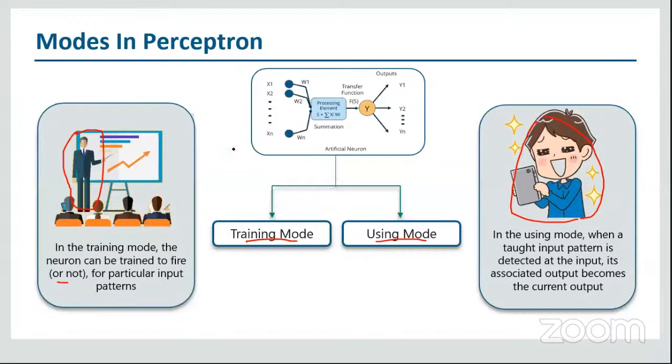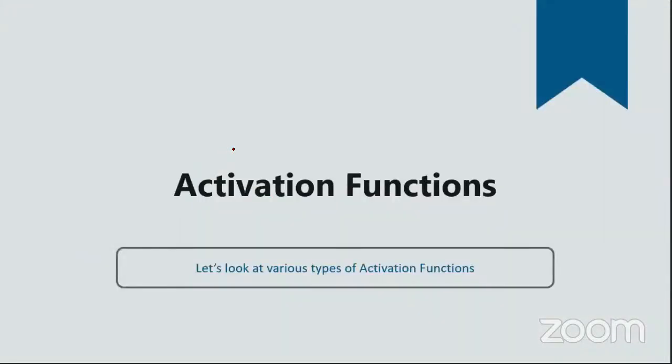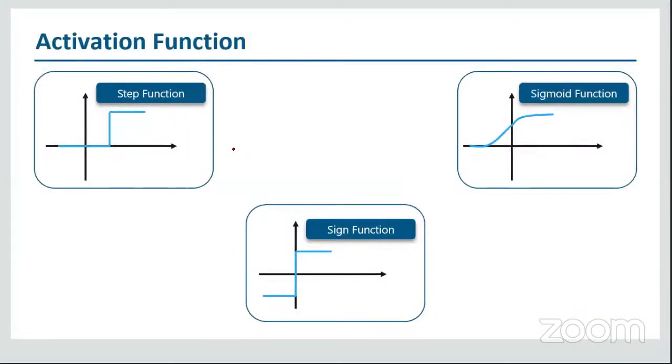Now, there is something called an activation function. An output is derived based on activation. There are multiple activation functions available in a neural network. Some of the evident ones are a step function, sine function, and a sigmoid function. A step function is between 0 and 1. A sine function is between -1 and +1.